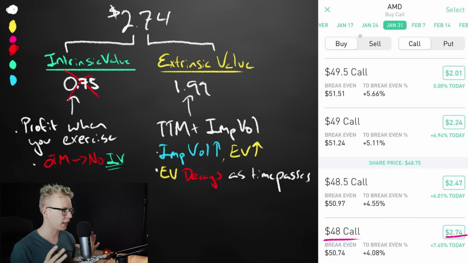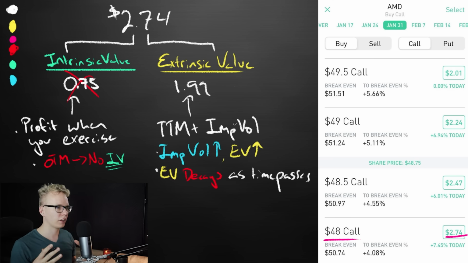Okay, so just kind of recapping what we have here. Part of this premium is literally whatever profit you could exercise for. So $75 worth of that $274 you pay is the amount you could exercise for. The extra $199 that's left over is due to time to maturity and implied volatility as a function of each other.